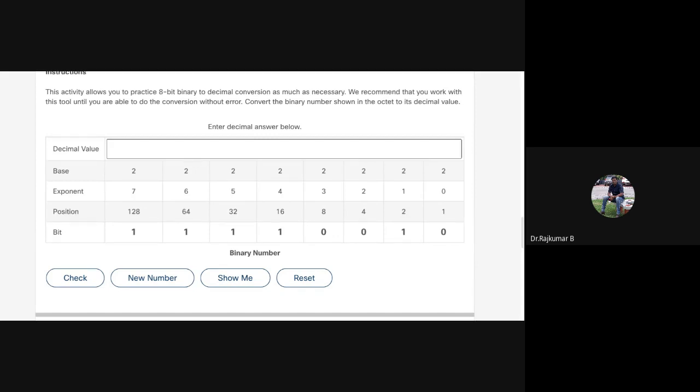Let us see what is the value. Now see, the value is 242. We need to add 128, 64, 32, 16, and 2. Since the binary bit values are ones, the remaining locations are 0.